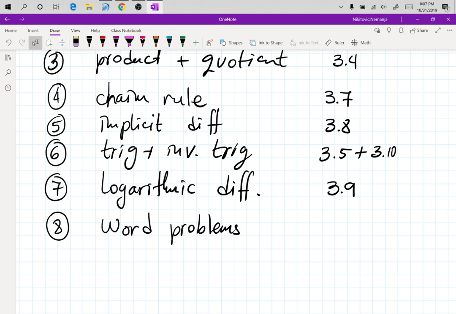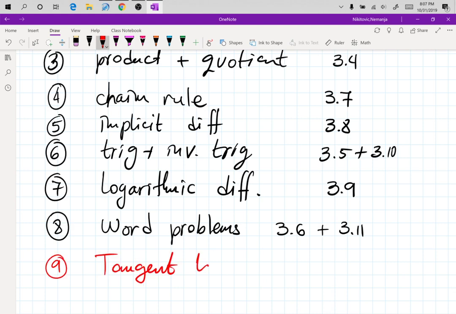The word problems, derivatives as rate of change, so 3.6 and 3.11, which are the related rates. And there it is, number 9, tangent line problem, which is all sections, because that depends where your derivative comes from.